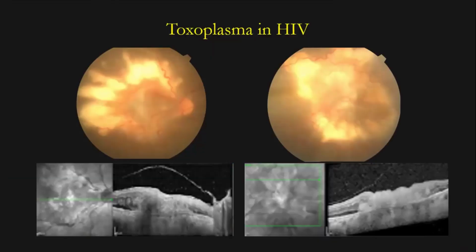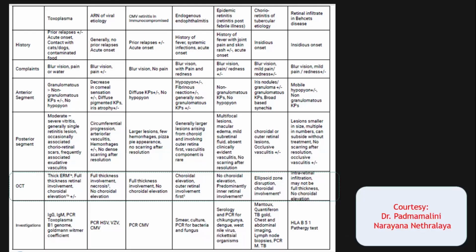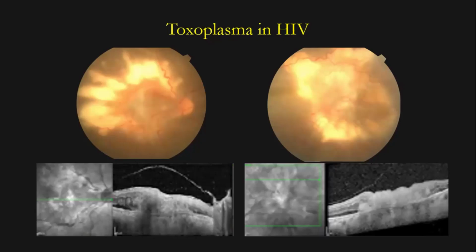I'm sorry to put this big flowchart, which is published in our newsletter, courtesy of Narayana Nethralaya, Dr. Padma Malini, who has elegantly characterized how to differentiate toxoplasma based on the OCT from ARN, from CME, from endophthalmitis, from the epidemic retinitis, more importantly, where you have an inner retinal involvement, whereas toxoplasma and the ARN will have a full thickness involvement. Most importantly, choroidal involvement will be there in the toxoplasma. Okay, so we will see all this in the subsequent slides.